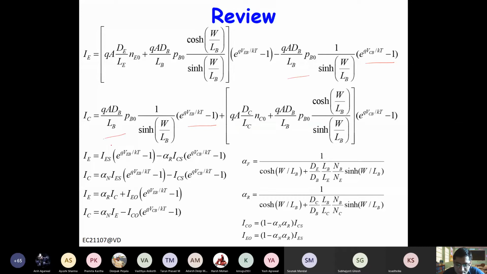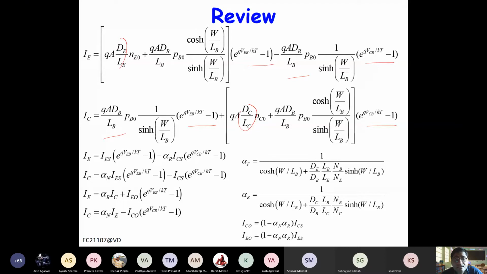Similarly, the expressions for IE and IC are also the same, except whatever is emitter here, the same thing is collector here. The rest of the things are similar.